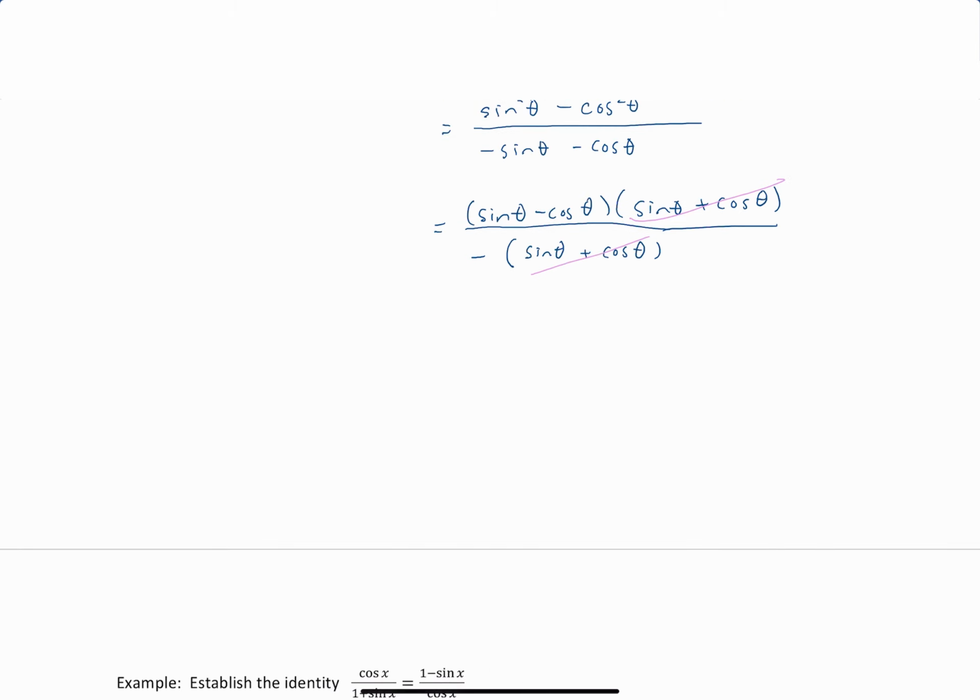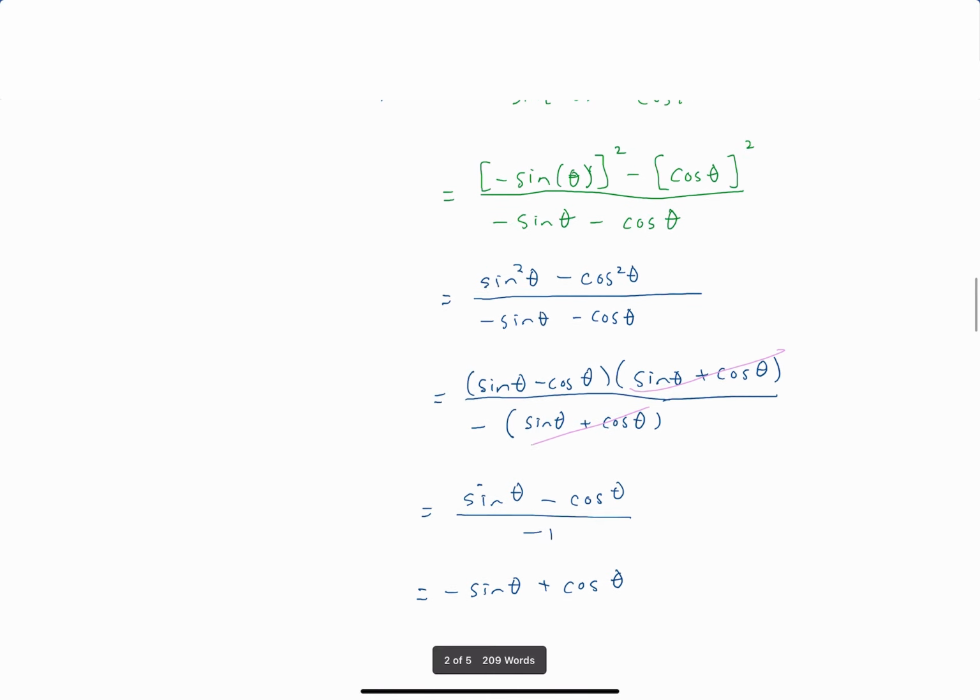So at this point, I have sine of theta minus cosine of theta over -1. And I can bring that minus sign up front, which will give me minus sine of theta plus cosine of theta. Now at this point, I've honestly forgotten where we're heading.